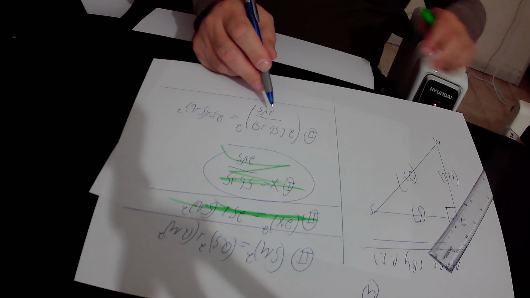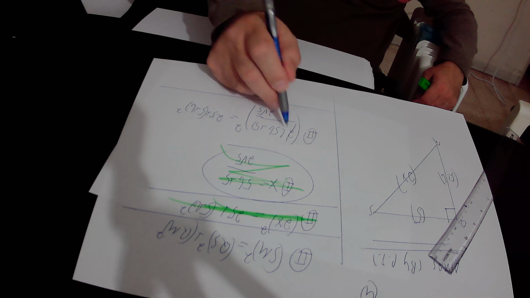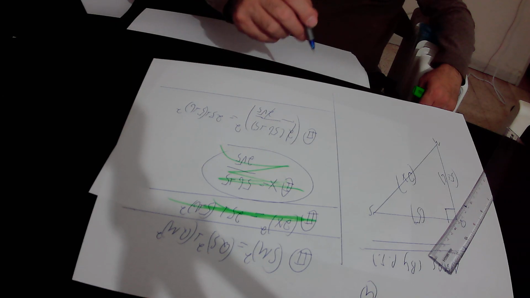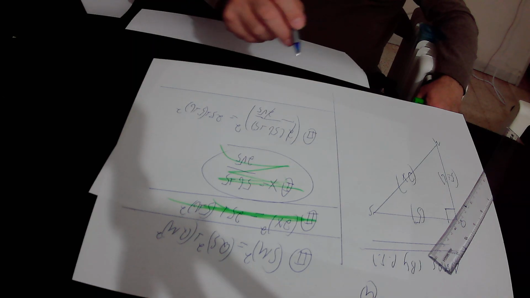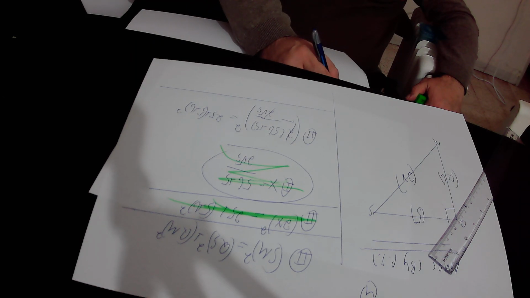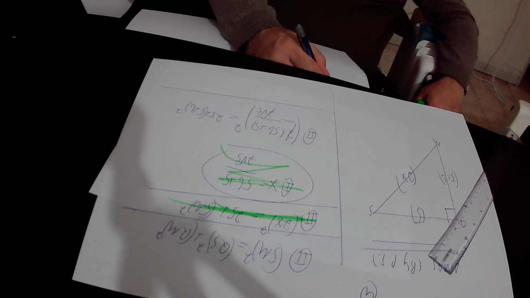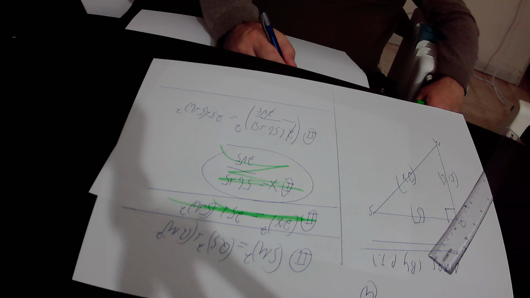On this side of the equation we have 2 in the numerator and 2 in the denominator, so 2 will get cancelled. After we cancel 2, we are left only with 5b plus 5 squared over square root of 5 squared, which is 5, and this equals 25 plus 5 plus b squared.